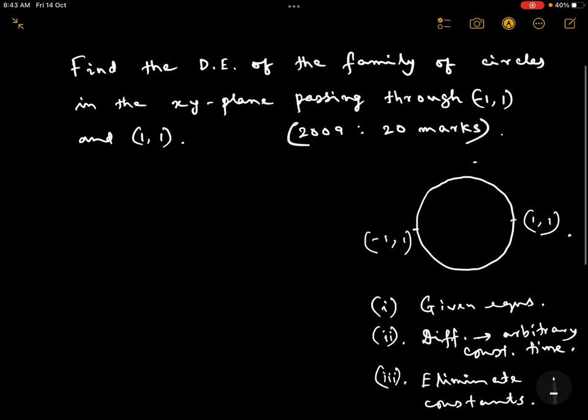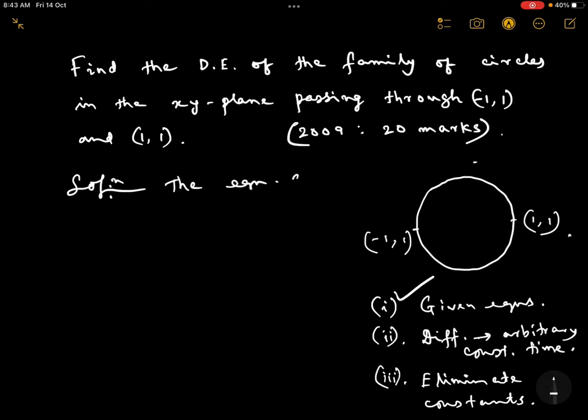Sometimes if we are lucky, we will directly come across the equations, but here we don't see any equations as such, but this is a common idea, no? That the general equation of a circle. Okay, first let's write the general equation of a circle in the xy plane.